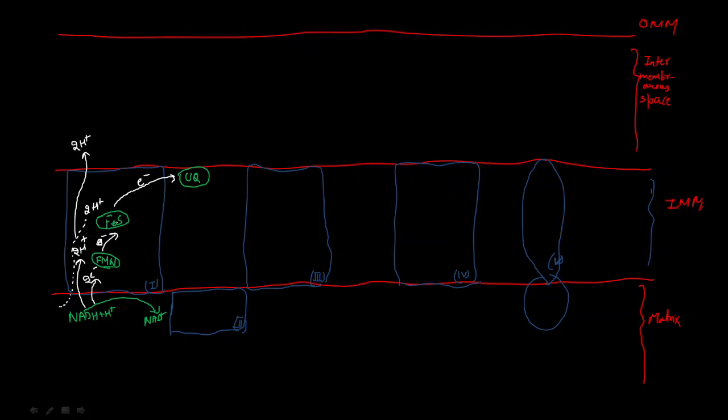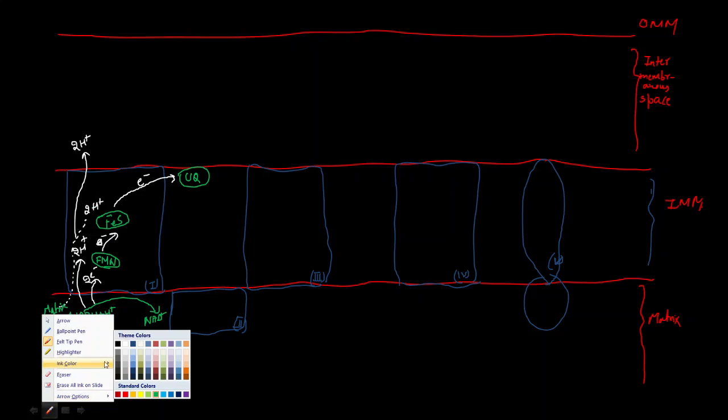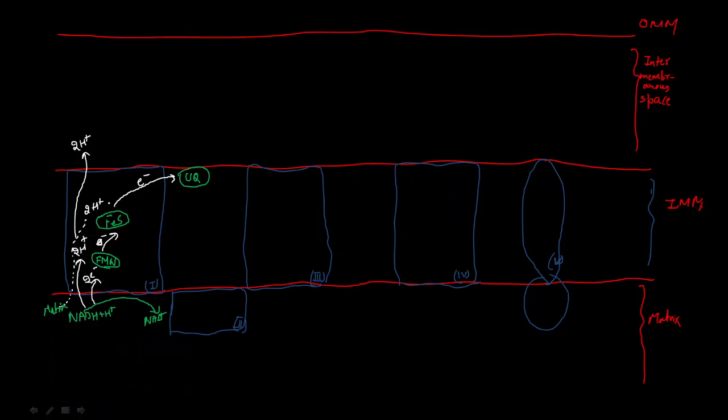This whole system is no longer feeling very negative, right? So these electrons which were picked from the matrix are now ultimately going to get released to the other side of the membrane, that is towards the intermembranous space. So here two more protons are going to come.